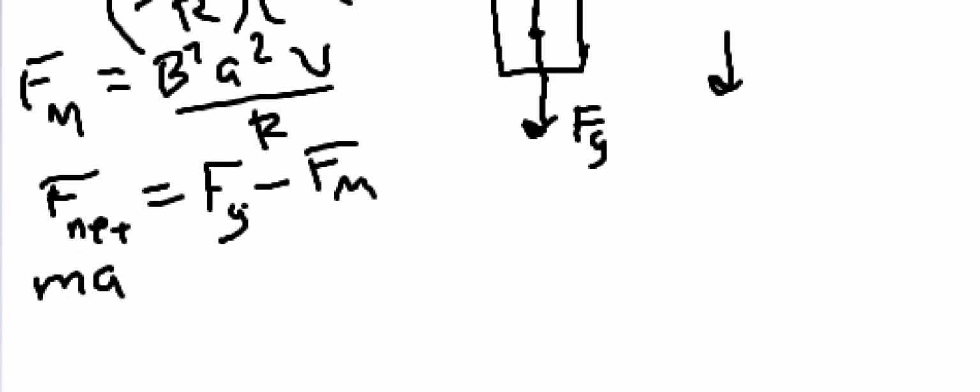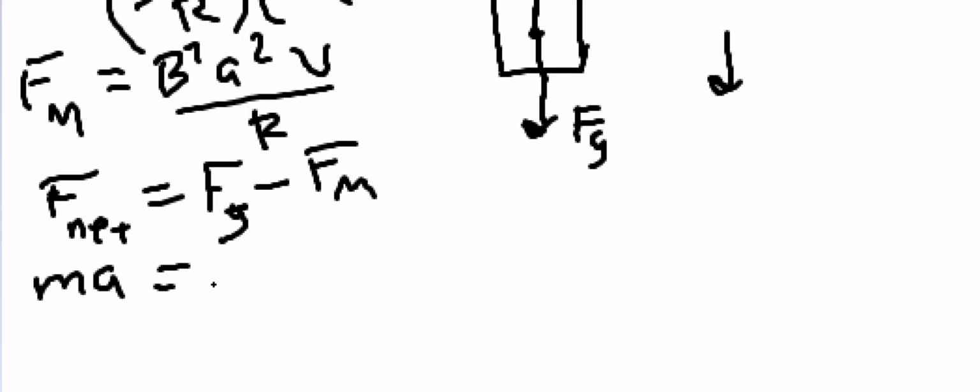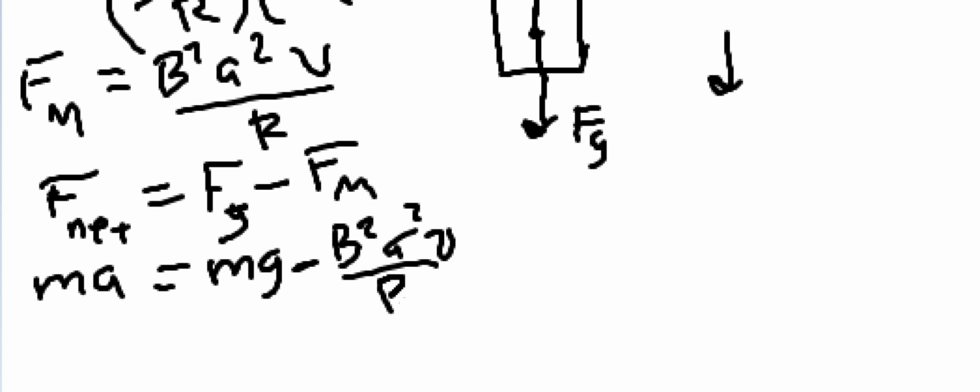Force net is ma, and the force of gravity is mg, minus this equation, B squared a squared v over R.